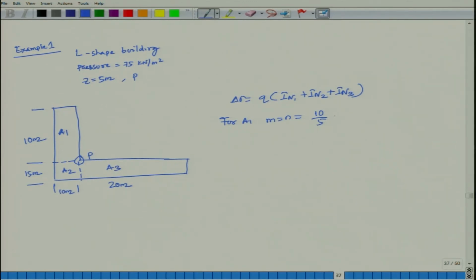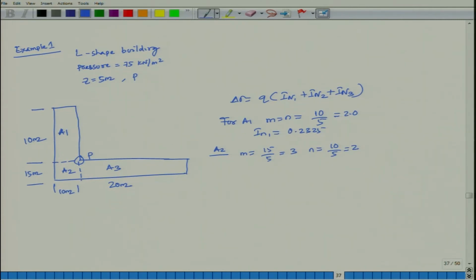So, this will be 2.0 and I_n1 is equal to 0.2325. For A2, M is equal to 15 by 5 which is equal to 3, N is equal to 10 by 5 which is equal to 2.